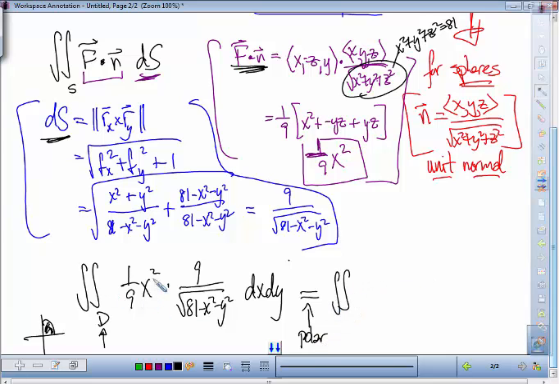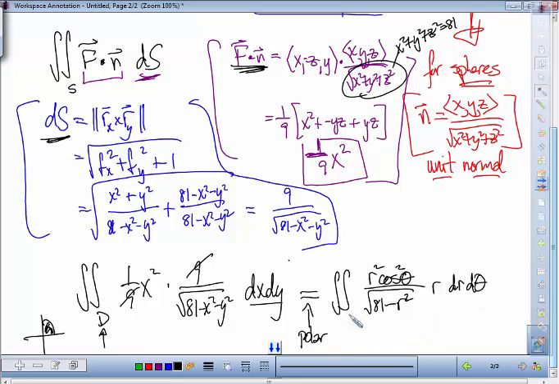My 9's will cancel here. I'm going to change my x's and y's to r cosine theta and r sine theta. So that's my x. And then I have an 81 minus r squared, because x squared plus y squared is equal to r squared. And then my dx dy changes into r dr d theta.